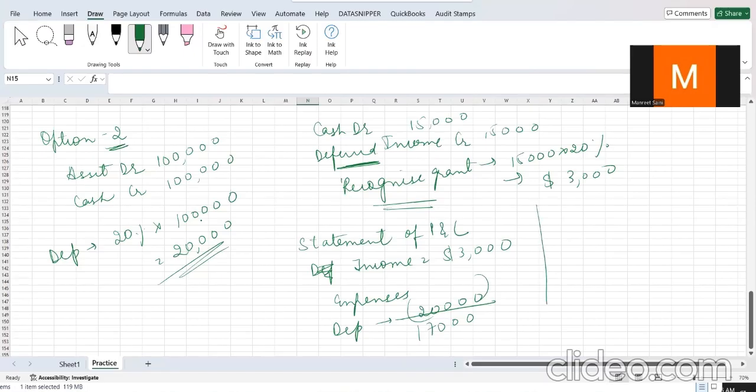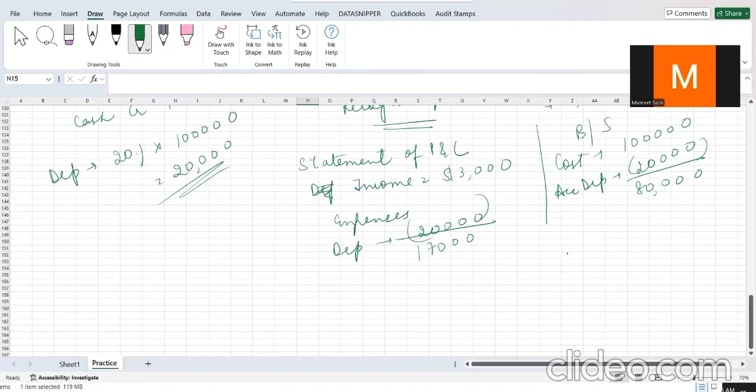And in the balance sheet, I would show cost 1 lakh, accumulated depreciation 20,000, net 80,000, and this was on the asset side.